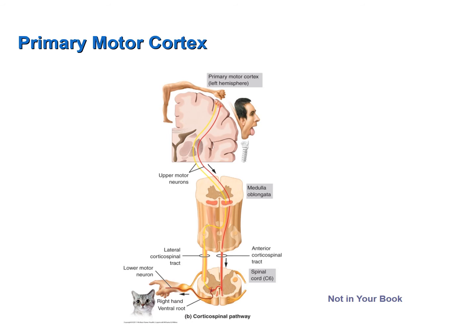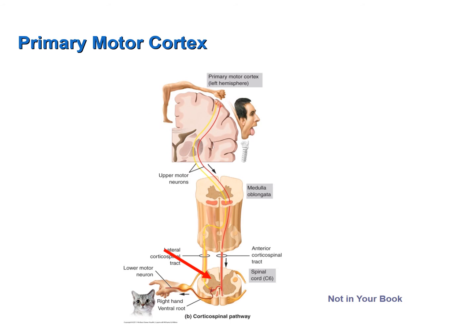This figure from your book illustrates the motor pathway by which motor impulses would travel in order to allow you to touch a cat with your right hand. So in the primary motor cortex in the left hemisphere, motor impulses would be sent down the brain, down the spinal cord.